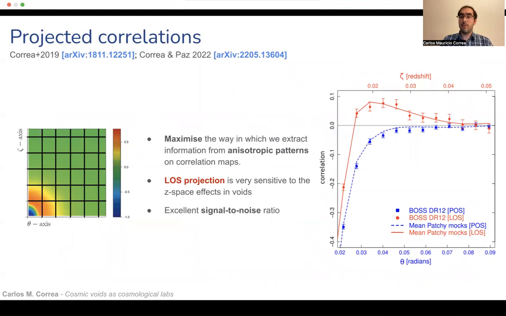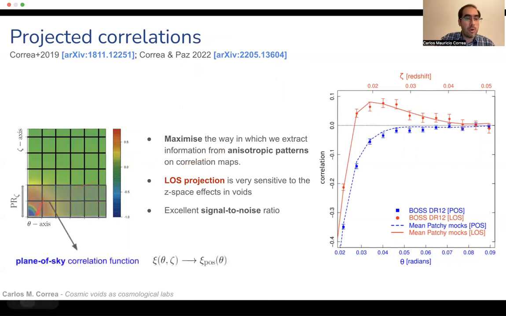And regarding the correlation function, let me introduce first the projected correlations method that we developed. This is because in this way we can maximize the way in which we extract information from anisotropic patterns observed on correlation maps. So essentially what we do is the following. We project the correlation function towards the plane of the sky axis in a given redshift range, and we obtain the plane of the sky correlation function that is simply a 1-dimensional profile that depends only on the angular coordinate.